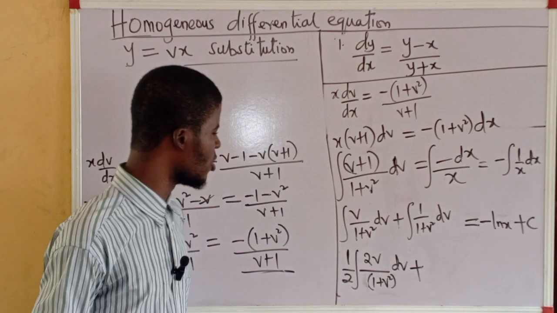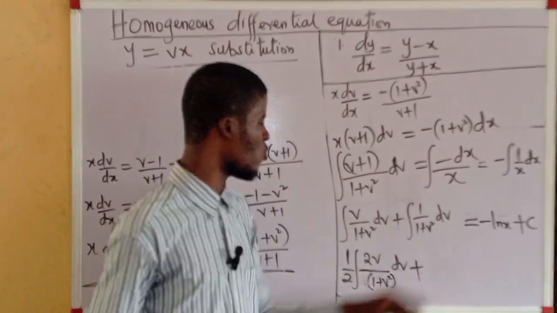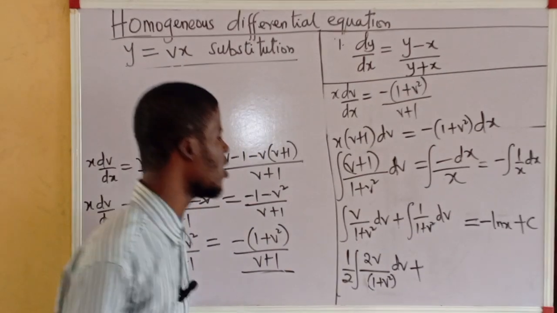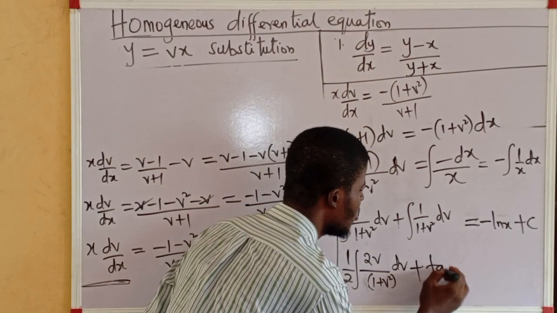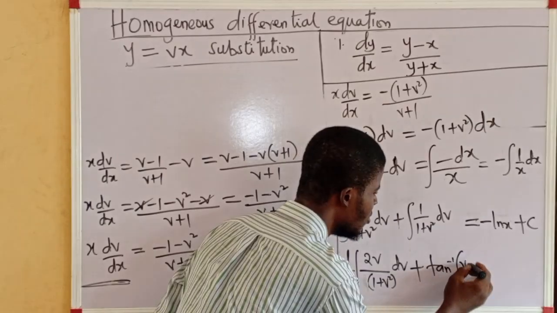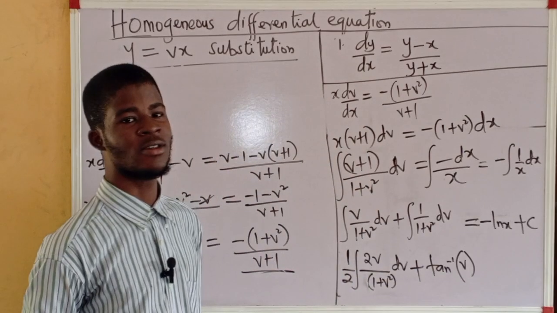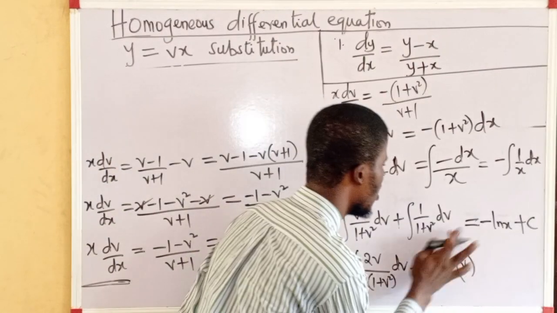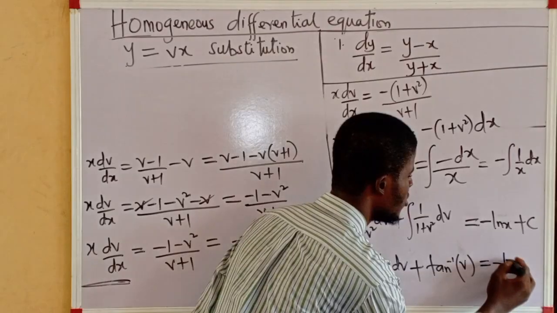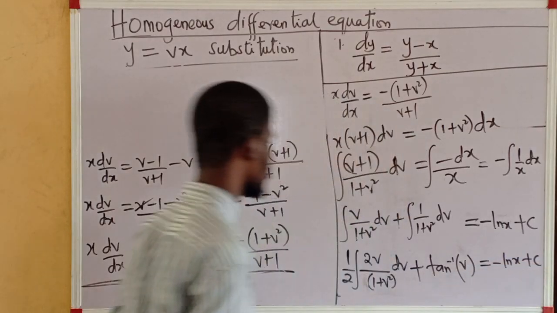Then I have this. What is the integral of 1 over 1 plus v squared dv? It is actually the tan inverse of v. Yes, that's what it is. Then we have equal to minus ln x plus c.